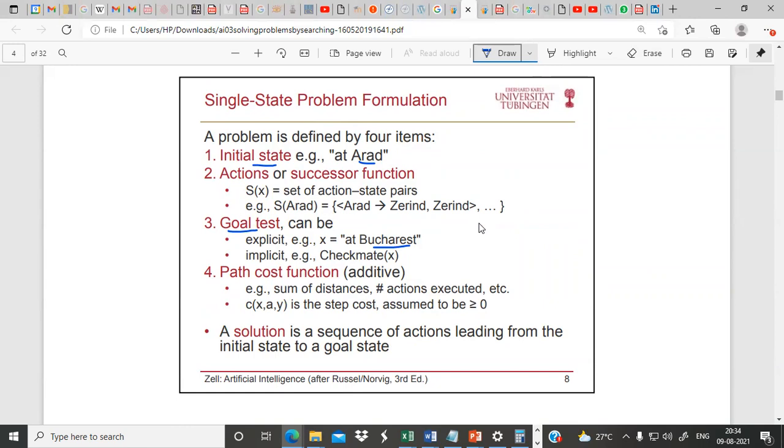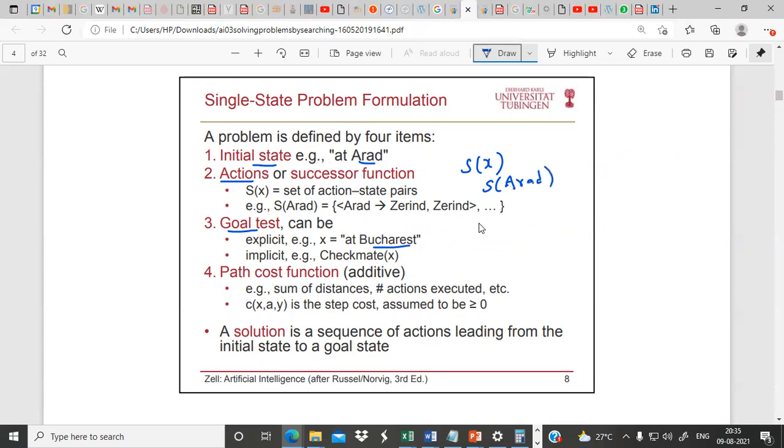And what are the actions the agent can do? There is something called S of X, which is called a successor of the agent. So from Arad, where the agent can move immediately, all those are available through the action S of Arad.